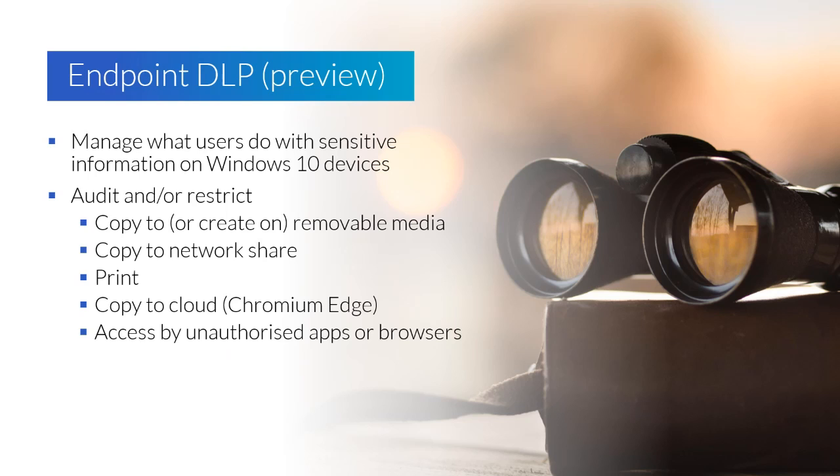So we can either audit or control whether users can copy content to portable drives, removable media, whether we let them copy this sensitive content to network shares, whether we allow them to print it, and whether we allow them to copy it to cloud apps. We can also block whether they access this sensitive information using unauthorized apps and browsers as well. So you can kind of see the last 2 points there go together.